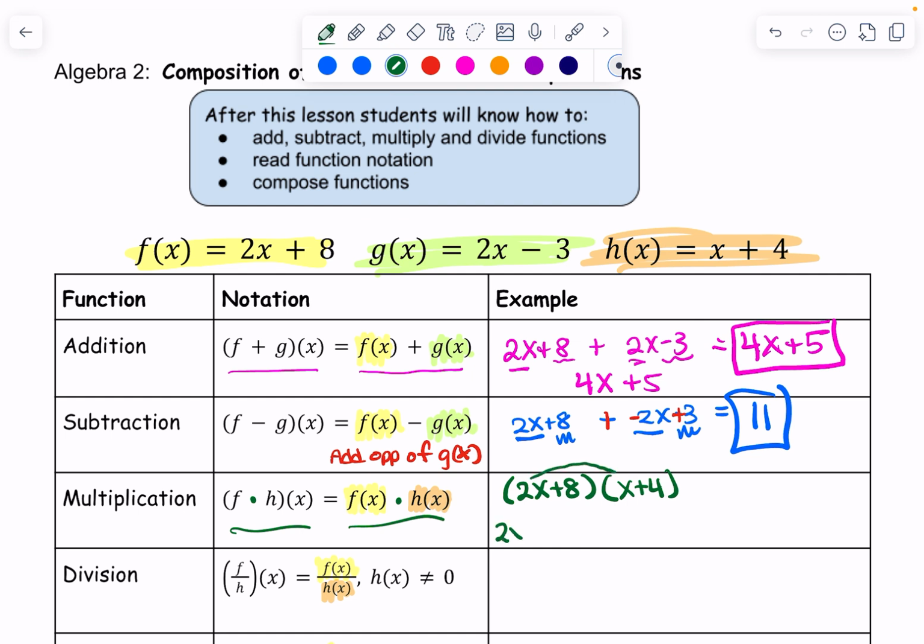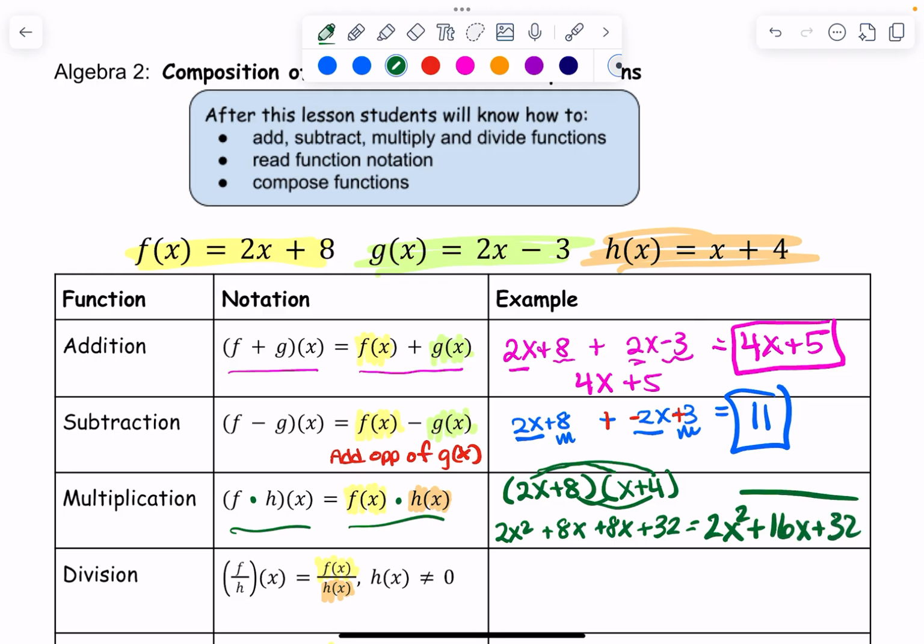So we're going to get 2x squared plus 8x plus 8x, and then we're going to get 32. And after we add like terms, we're going to get 2x squared plus 16x plus 32, and that will be our product right there. Okay, multiplication.